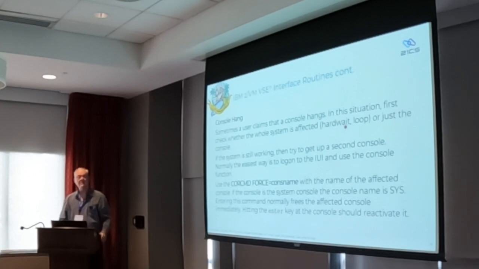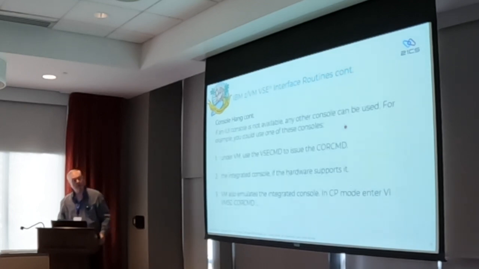So if your console is hanging and you can't get back in, you can go to one of the other consoles, either the IUI console to force your interactive or your main console, or you can even, it says here, use the VMSG CORE command. You can go under VM and force one of the other consoles in CP. You can also force them off.